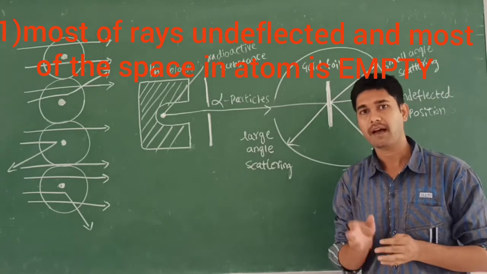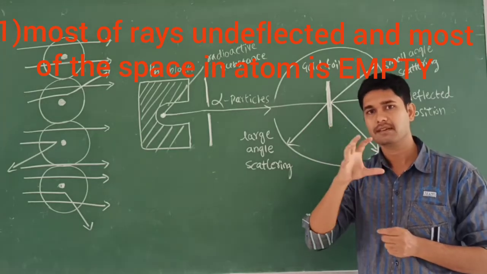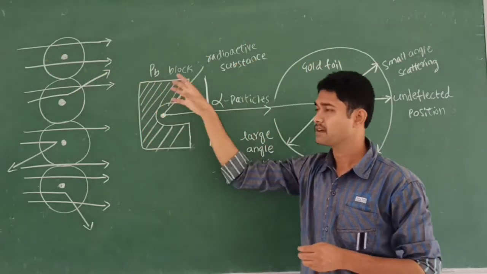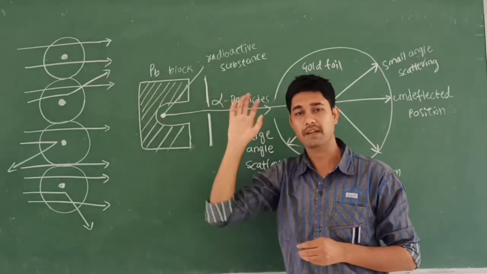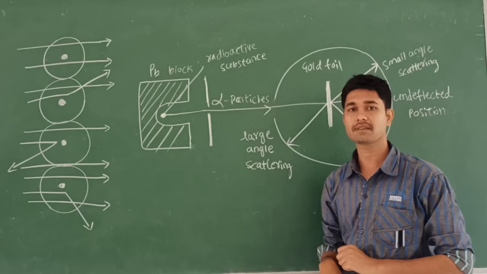It means that when they hit the atom, most of the space in the atom is empty. When you see this one atom, he concludes that most of the space in the atom is empty. That's why all those rays were undeflected. So that is his first conclusion.